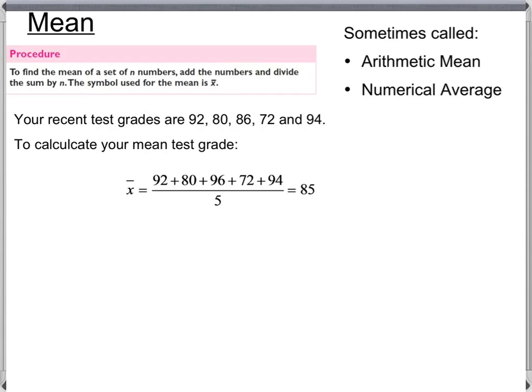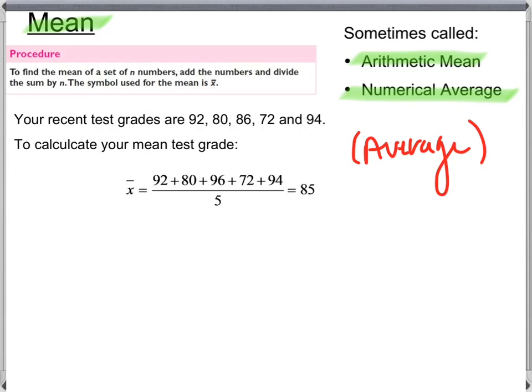Now, sometimes mean is called arithmetic mean or numerical average, just because the word average can be used to mean other things.